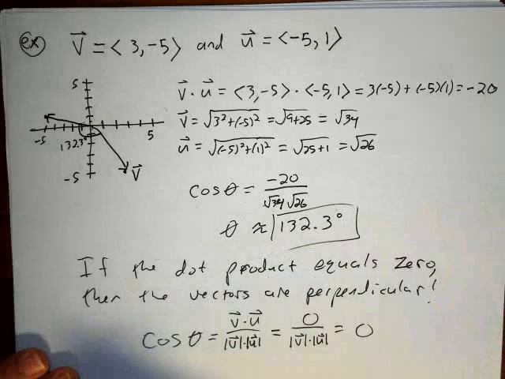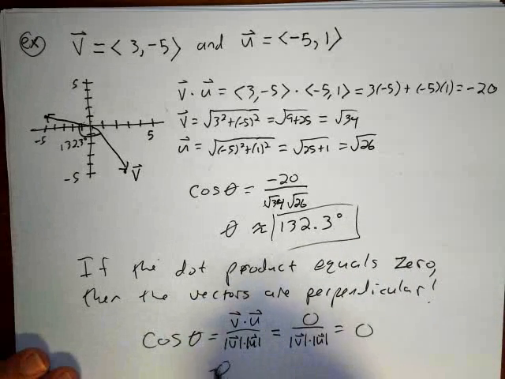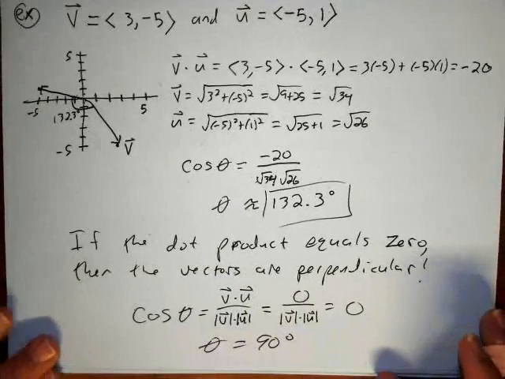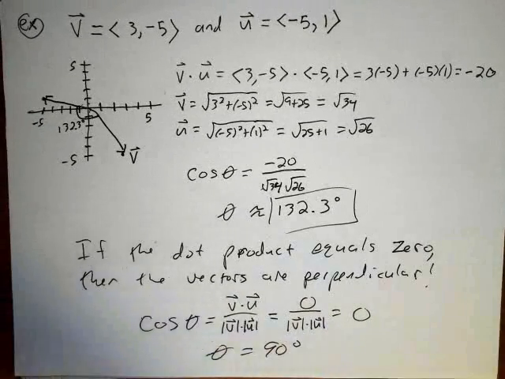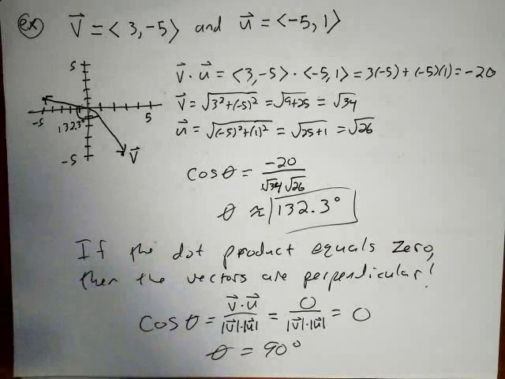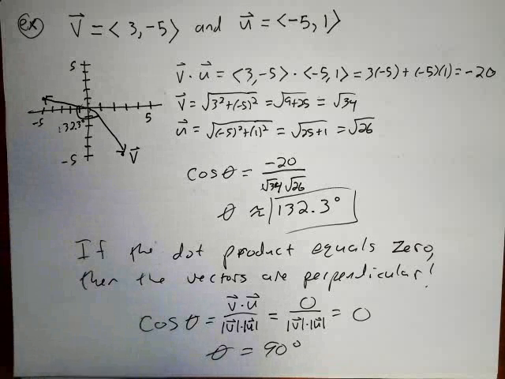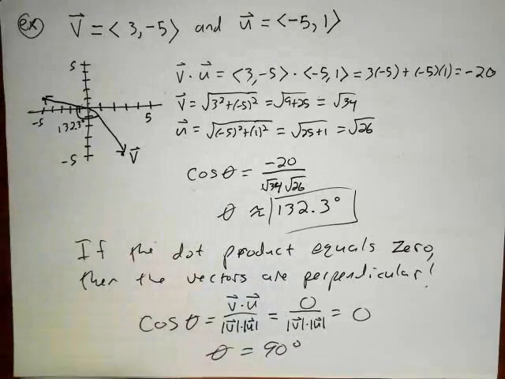So when is the cosine of theta equal to 0? When theta is equal to 90 degrees. And so oftentimes the dot product is used to see if two vectors are orthogonal to one another. The term orthogonal means right angles with one another, or perpendicular to one another. Kind of like the orthodontist straightens your teeth. Orthogonal vectors are straight, right-angled vectors.